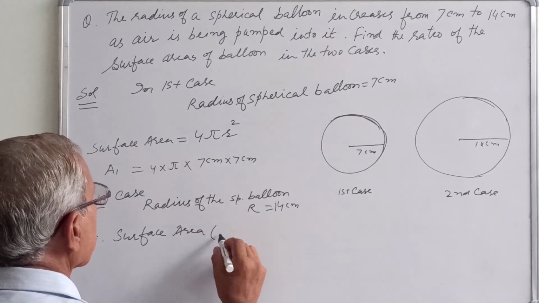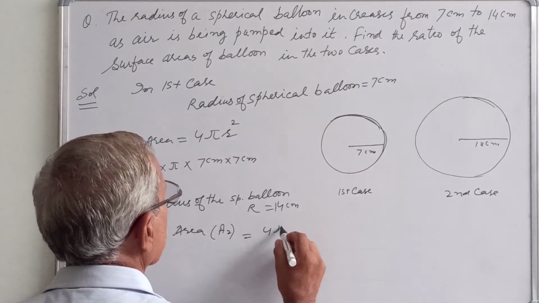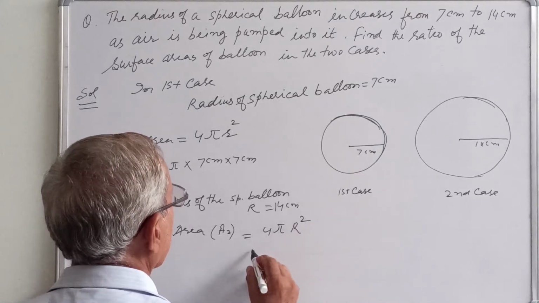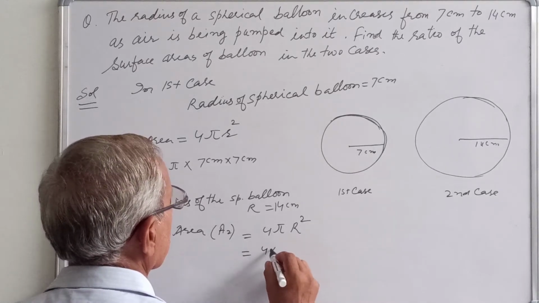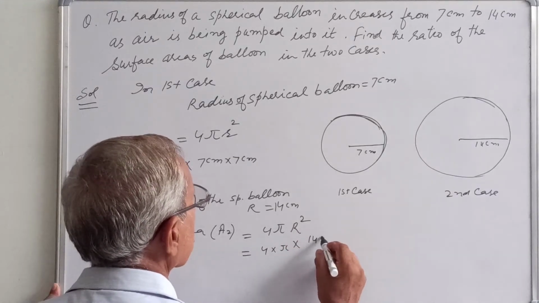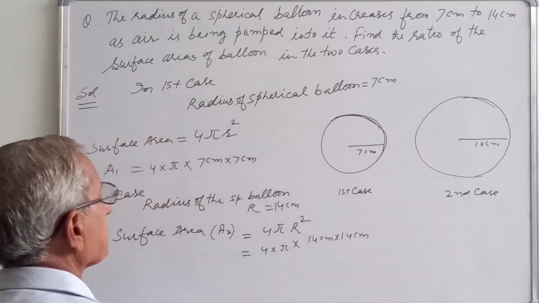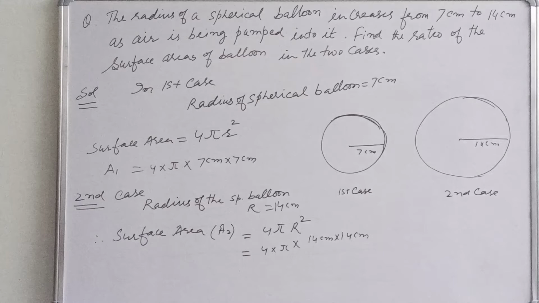Now we are taking A2. 4 into pi, value of r is 14 centimeter, multiplied by 14 centimeters. Now we have to find the ratio.